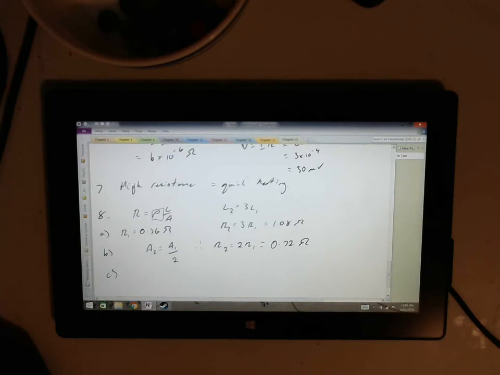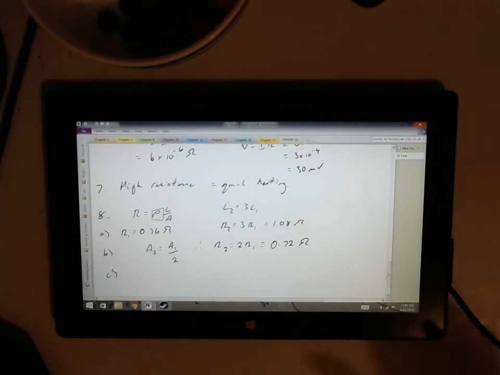Okay? There is the temperature coefficient, and that's back on table 475, where it gives us a coefficient which tells us how much the resistance increases by.